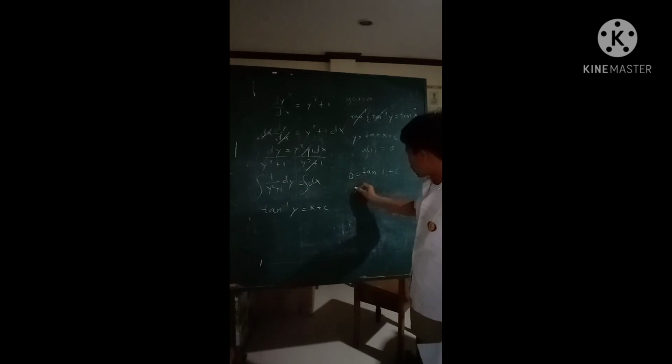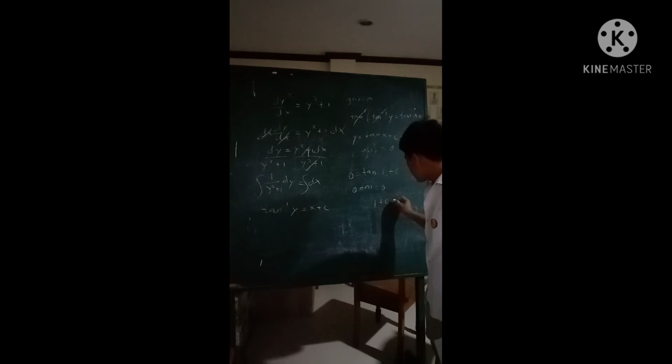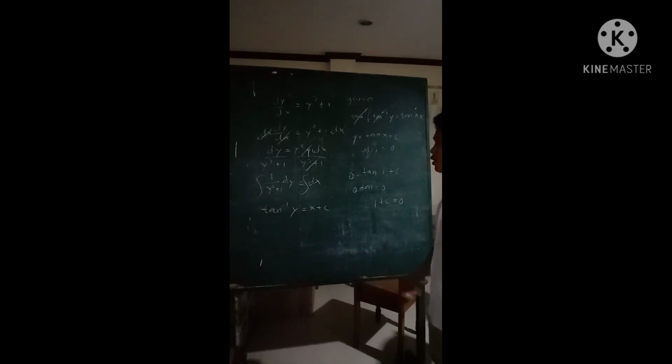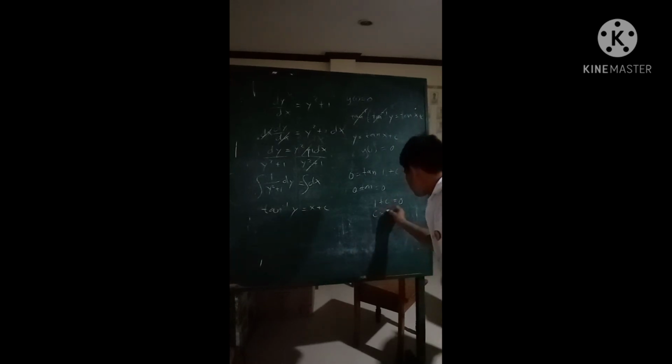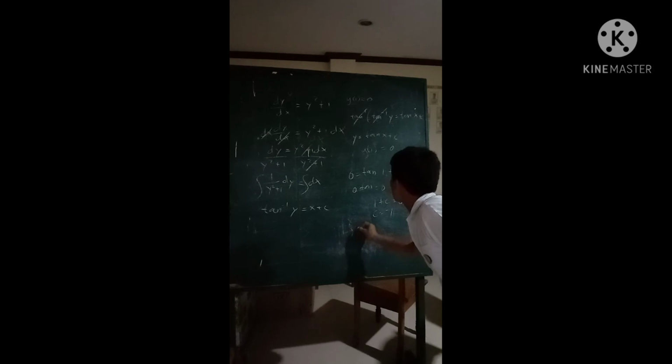Tangent of 0 equals 0, so 1 plus c equals 0 also. Then c equals negative 1. So the final answer is y equals tangent of x minus 1.